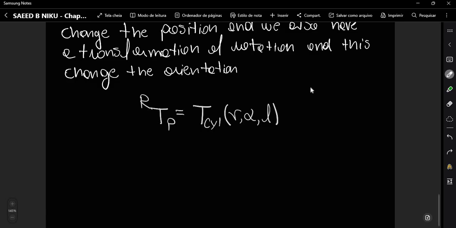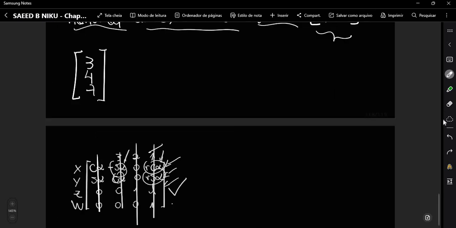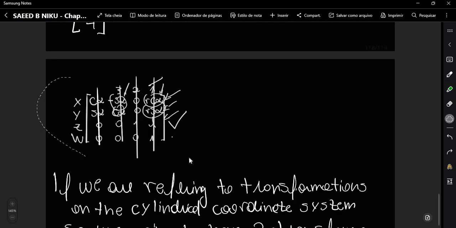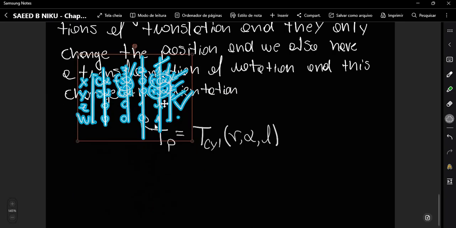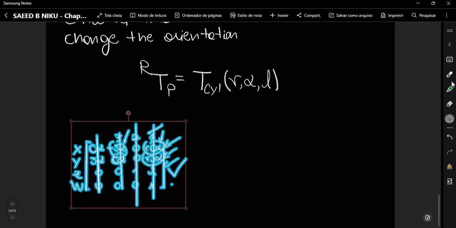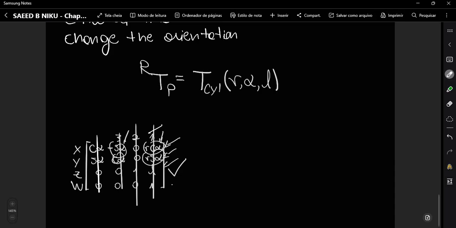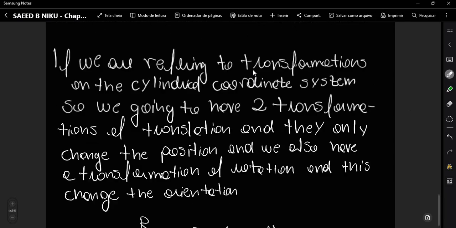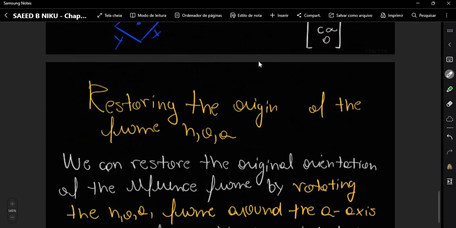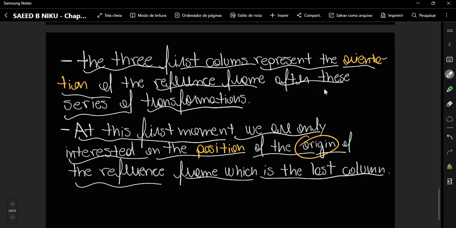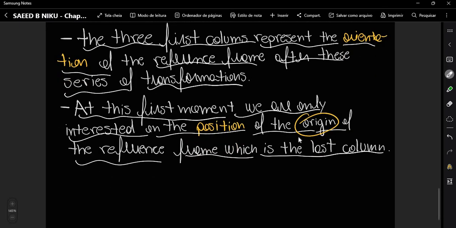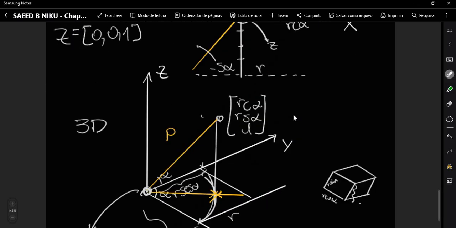Let me take this. I said that the first three columns were for the orientation, and the last is for position.